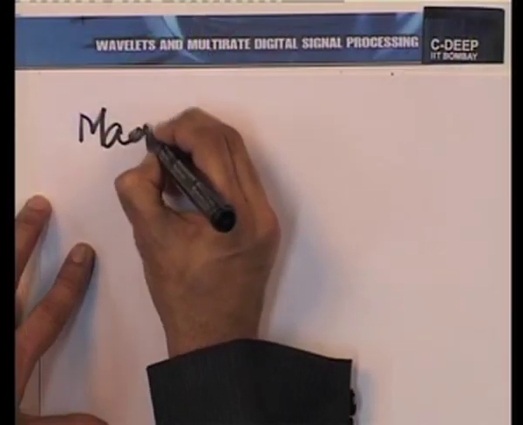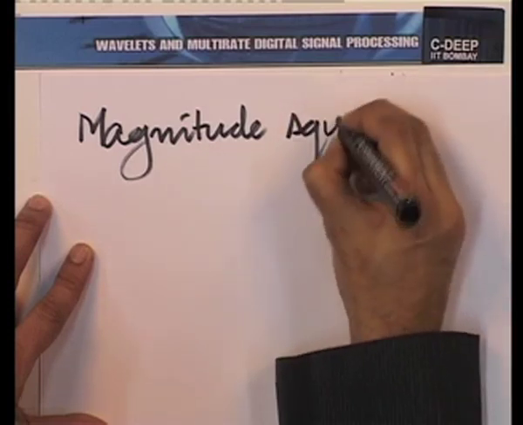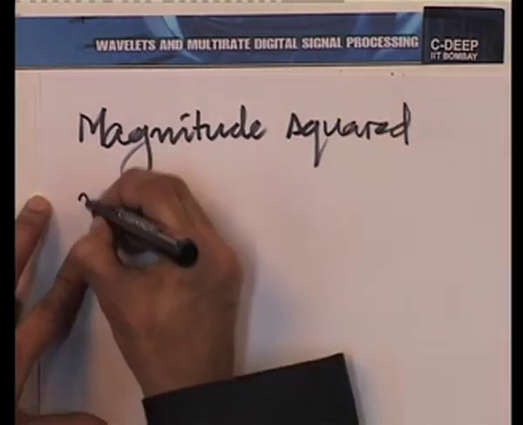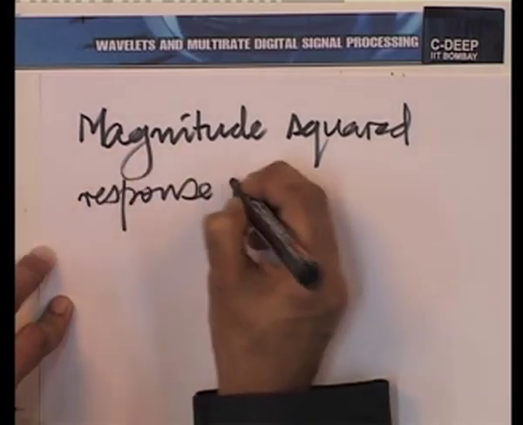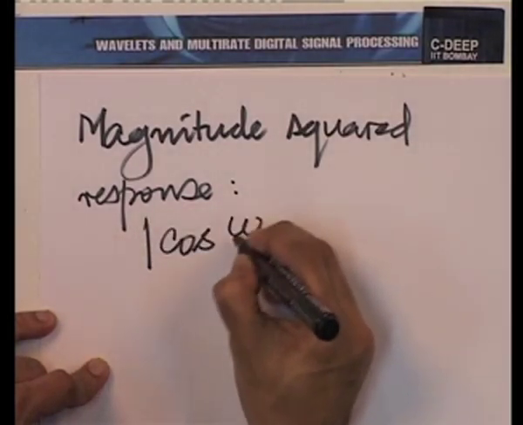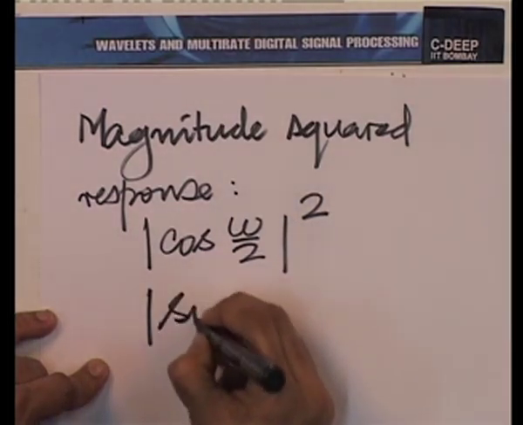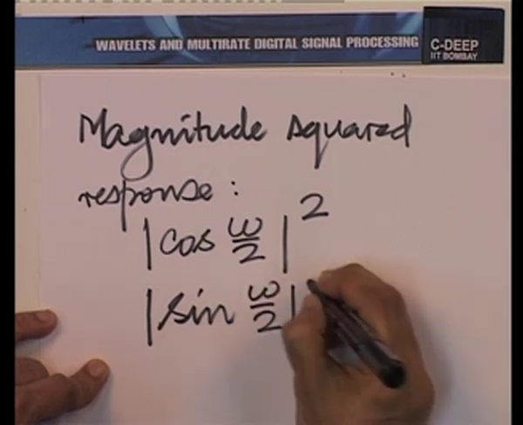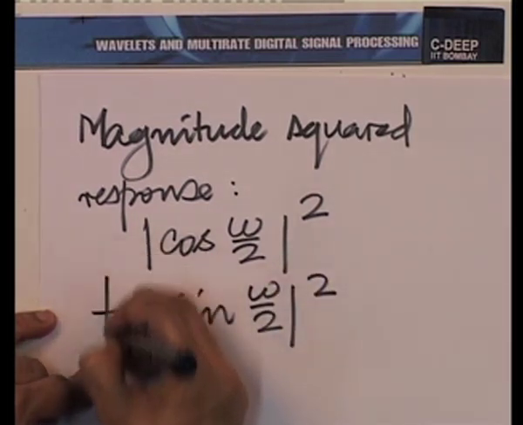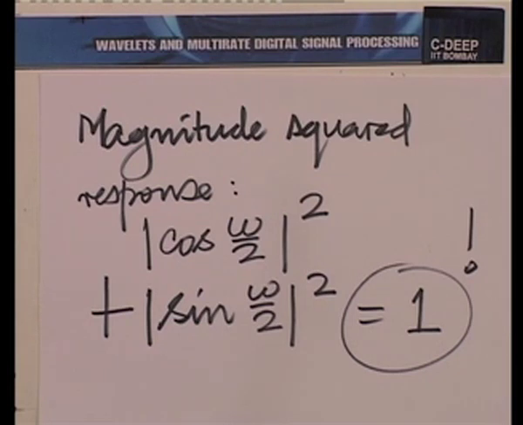So, in other words, we are asking the question, what is the magnitude squared response? In the first one it is mod cos omega by 2 the whole squared, and in the second one it is mod sin omega by 2 the whole squared, and lo and behold, when you add these you get 1 as well. That is a very, very interesting observation.